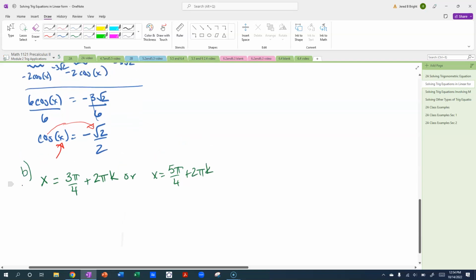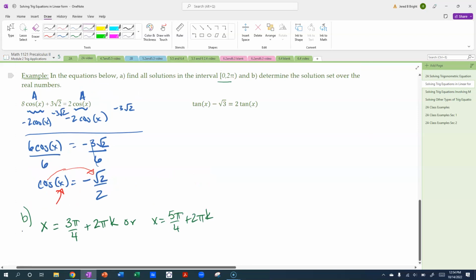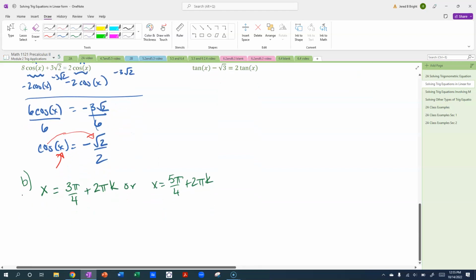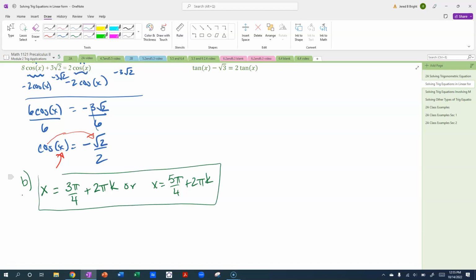Now, what we actually found, if we read the instructions carefully, is that we have to find all solutions in the interval 0 to 2 pi, so within just one normal unit circle. And then we have to find the solution set over all real numbers. So using this k representation, or n whatever, this is actually going to encompass all possible answers ever, okay?